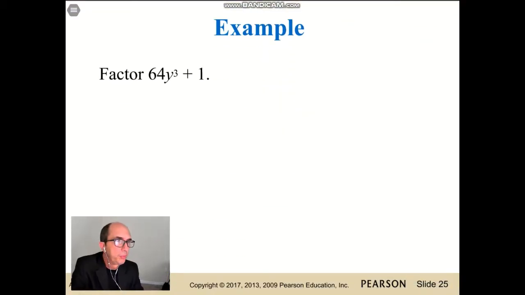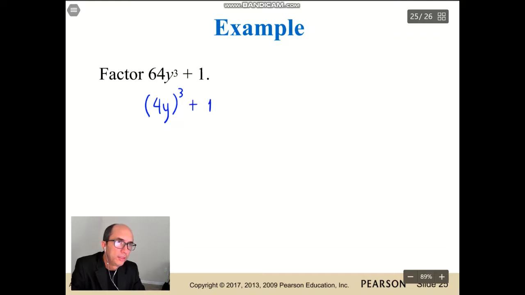One more example, 64y cubed plus 1. We know we can rewrite this, right? Because you know 64 is 4 cubed, and you can rewrite it as 4y cubed plus 1, and this one we can write as 1 cubed. 1 is a special number.